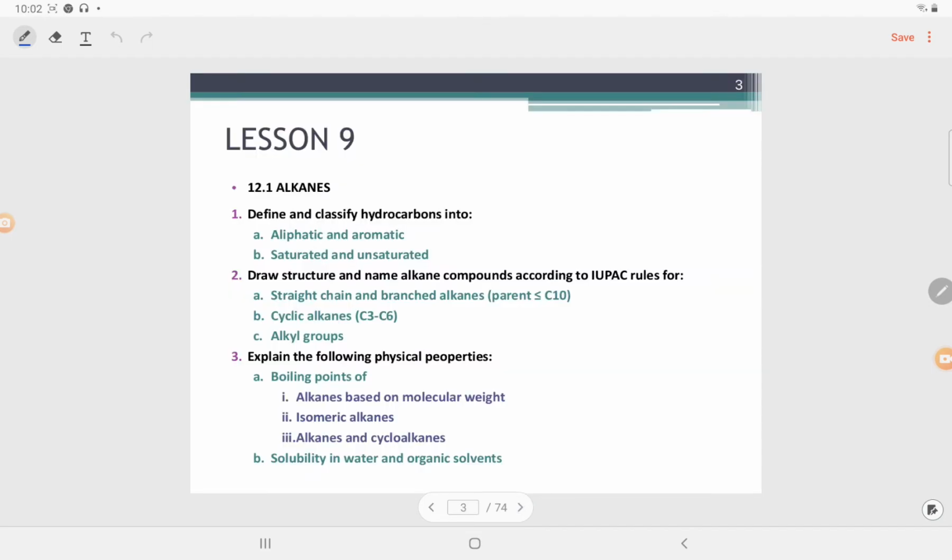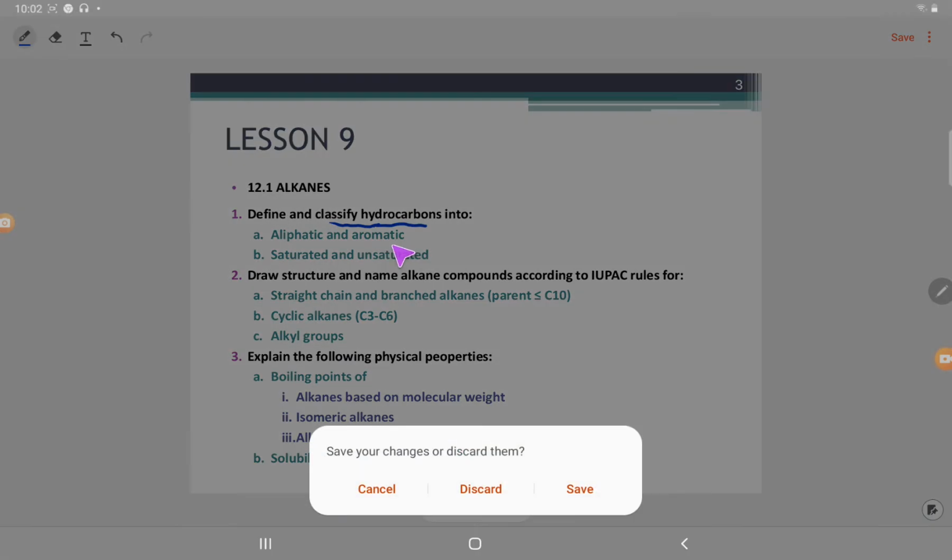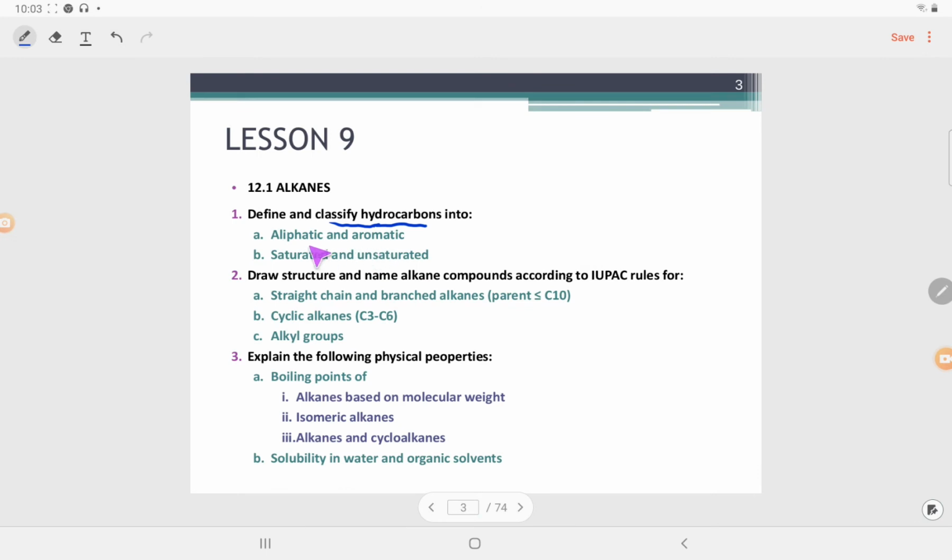In alkanes, in lesson 9, we are focused on the definition and the classification of the hydrocarbon according to the properties of aliphatic or aromatic, saturated and unsaturated hydrocarbon, and also the nomenclature of the hydrocarbon according to the IUPAC nomenclature.